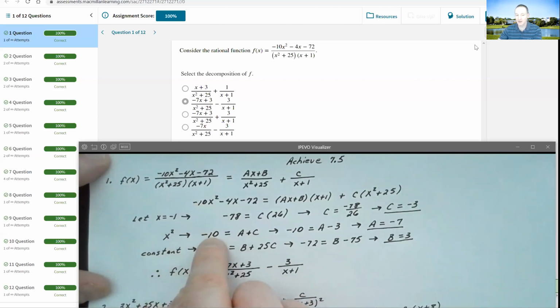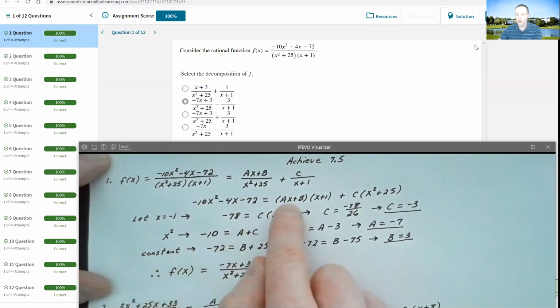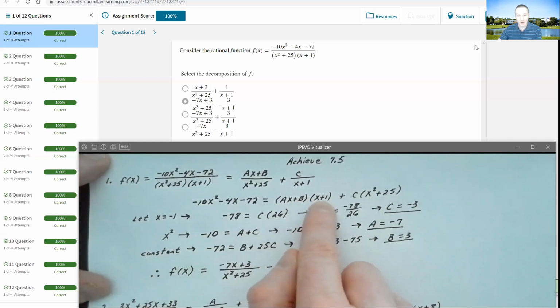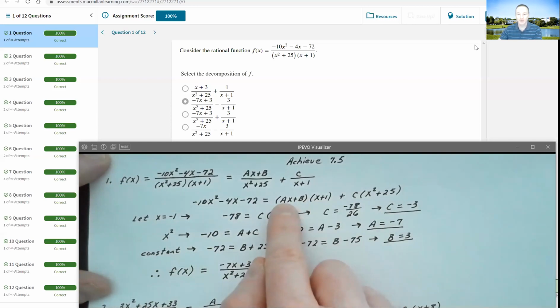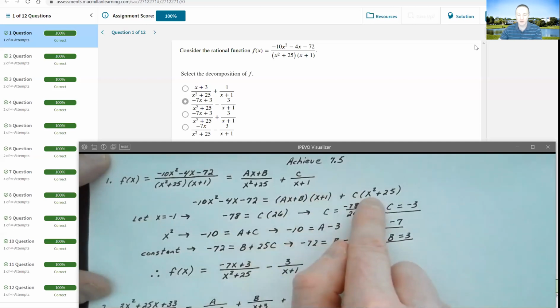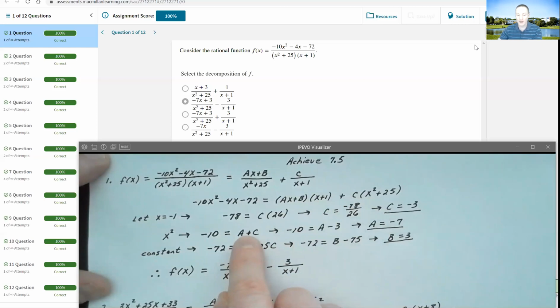So I say negative 10 is equal to, what are the coefficients of x squared on the right-hand side? b is not a coefficient of x squared, but I can see that both a and c are coefficients of x squared. So I know a plus c has to equal the coefficient of x squared on the left, which is negative 10.